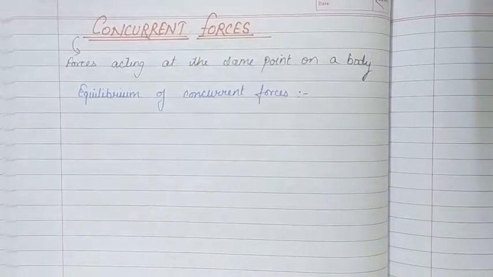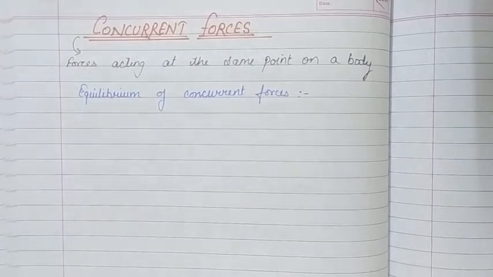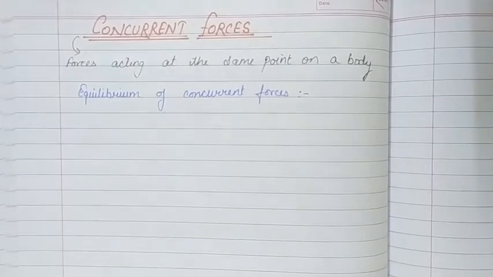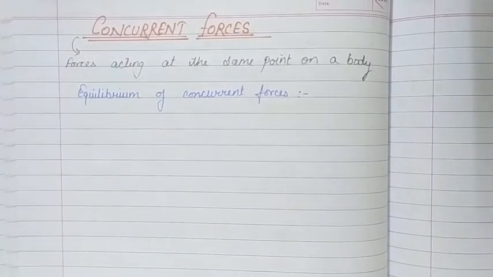By equilibrium of concurrent forces we mean a state in which the body will continue in its state of rest or of uniform motion along a straight line, or we can say that the net unbalanced force on that body is zero.